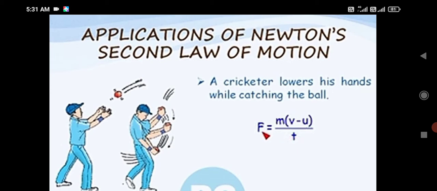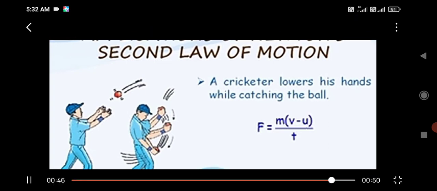Time increases, so the denominator increases, the numerator decreases, which means force decreases. Then automatically no injuries take place. So the cricket player lowers his hands at the time of catching the ball. This is the application of Newton's second law.